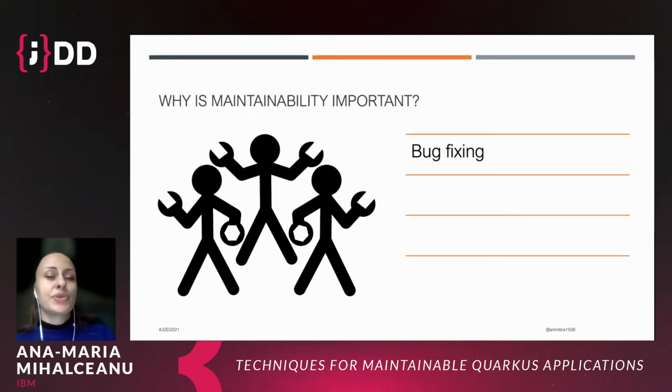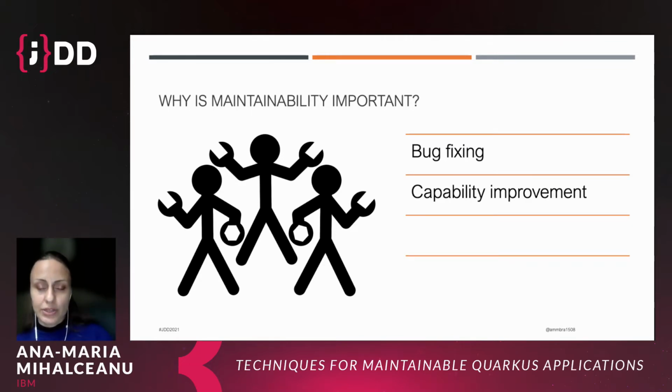And people like to start things from the beginning, but actually maintainability is about the easiness with which we can change a piece of software or a component without affecting the performance or other attributes of a system. So it's not just about bug fixing, it's also about improving the capabilities of a software system.